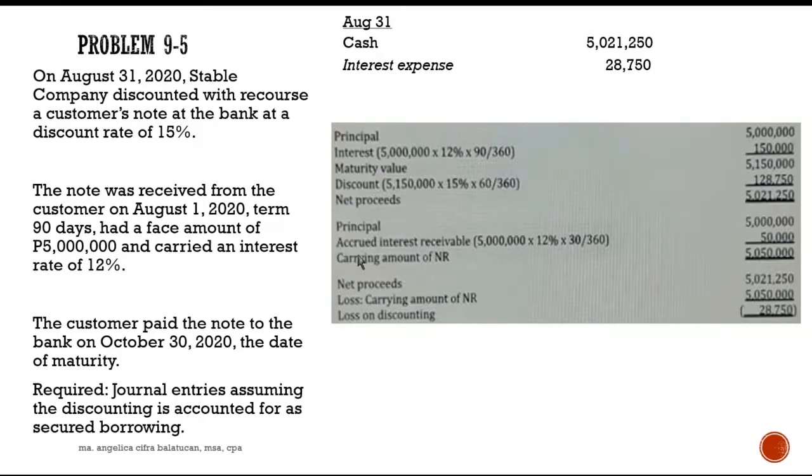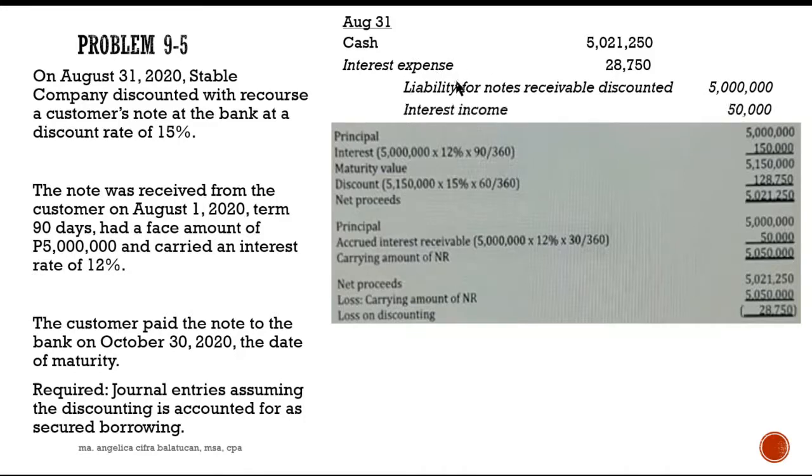But here we are following the computation in the conditional sale. Pero kani siya interest expense kini siya. Kung mangutan na siya, how much is the interest expense in the secured borrowing? So, ang answer kay 28,750. Then, credit liability for notes receivable discounted. Remember nga ang secured borrowing, liability for notes receivable discounted ang account title and then interest income is 50,000.